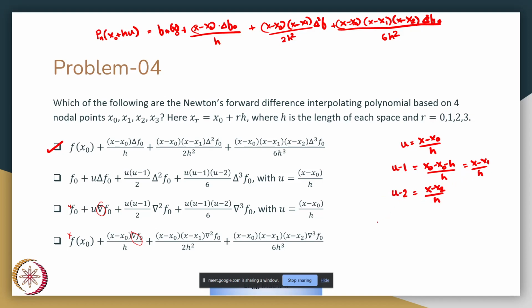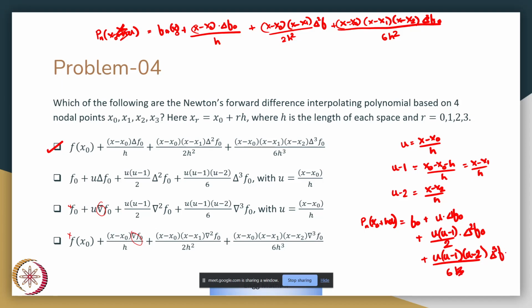Similarly, you can follow it from here, which essentially gives us our forward polynomial to be f naught plus u times forward difference of f naught plus u(u minus 1) by 2 factorial times second forward difference of f naught plus u(u minus 1)(u minus 2) by 6 times third forward difference of f naught.